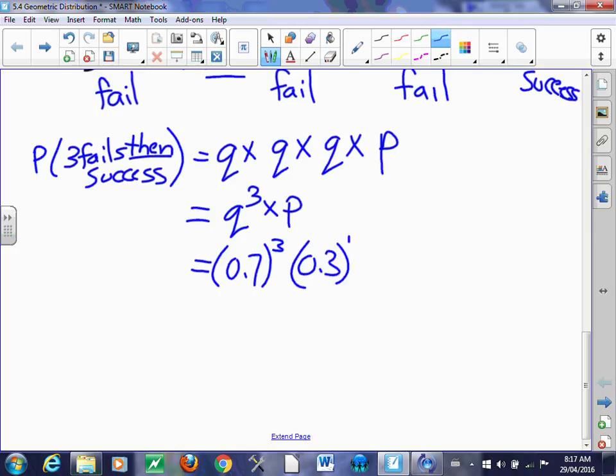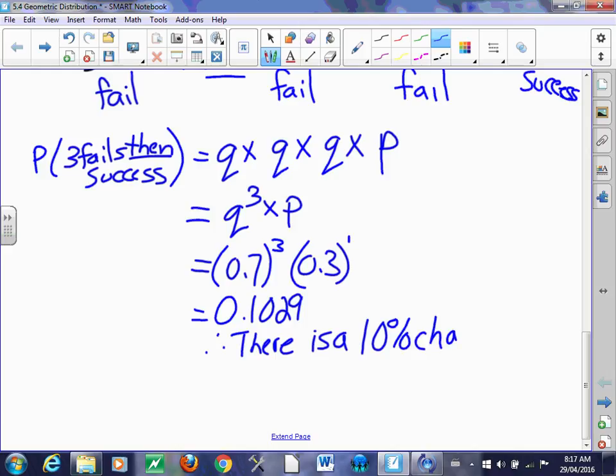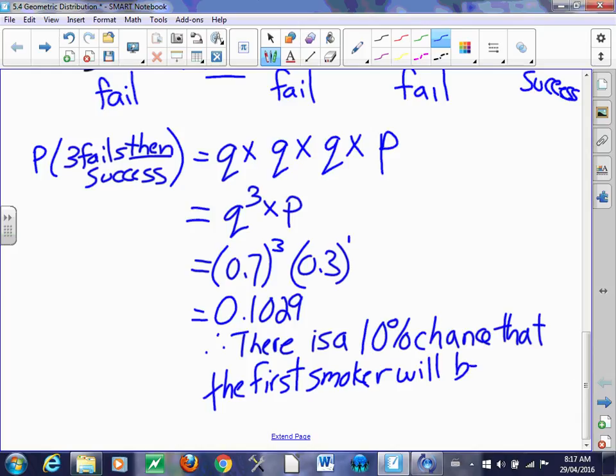Plug it in your calculator, guys, and you should have 0.1029, which means, therefore, there is a 10% chance that the first smoker you talk to will be on your fourth call.